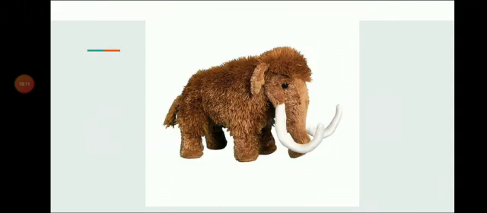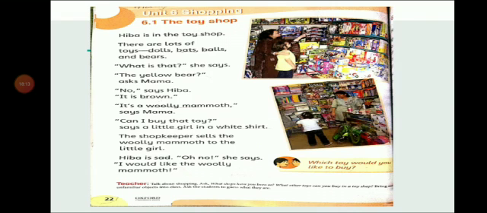Okay, now my dear students, let's have a quick review of the lesson which we have done today. If we see the pictures, Hiba went to a toy shop. She went shopping to the toy shop. Then Hiba was in the toy shop, and which toys did she see there? She saw lots of dolls, bats, balls and bears.